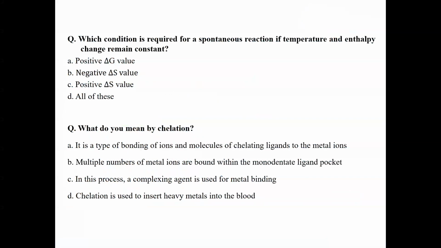The question one says which condition is required for a spontaneous reaction if temperature and enthalpy change remain constant. Okay, the formula is delta G equal to delta H minus T delta S, right? So these two terms are constant, temperature and enthalpy. So for spontaneity, what will be the required condition?